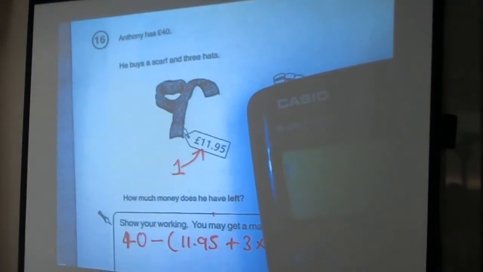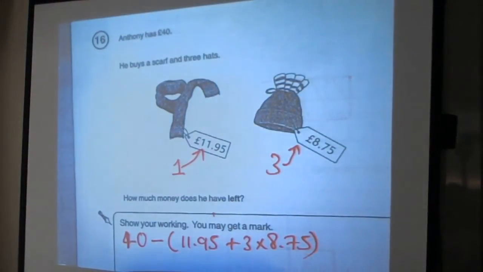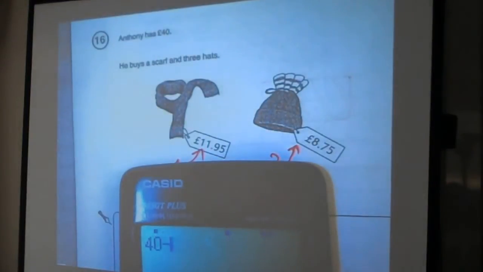So 40 minus, with the brackets, 11.95 add £8.75, brackets, times by 3, then equals. Did you close the brackets? Yes.